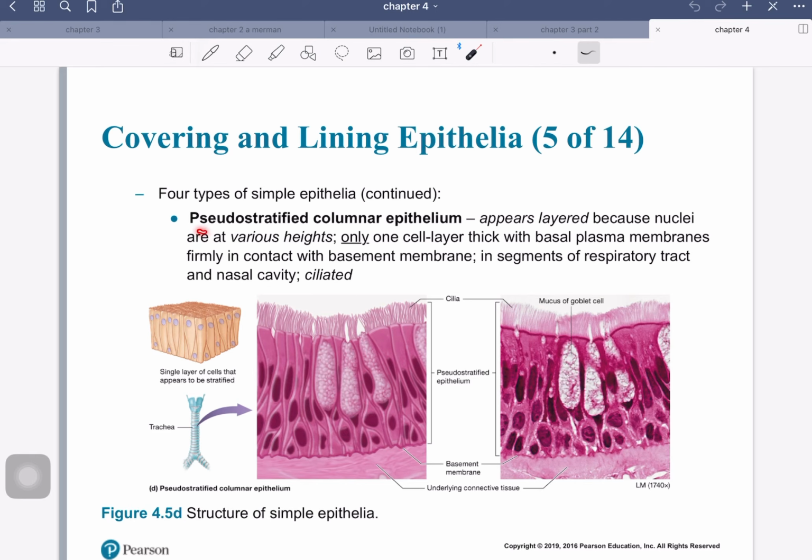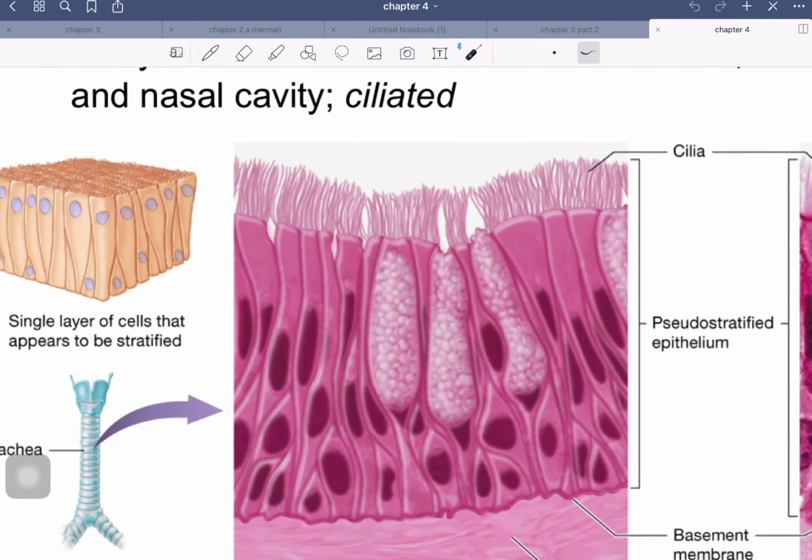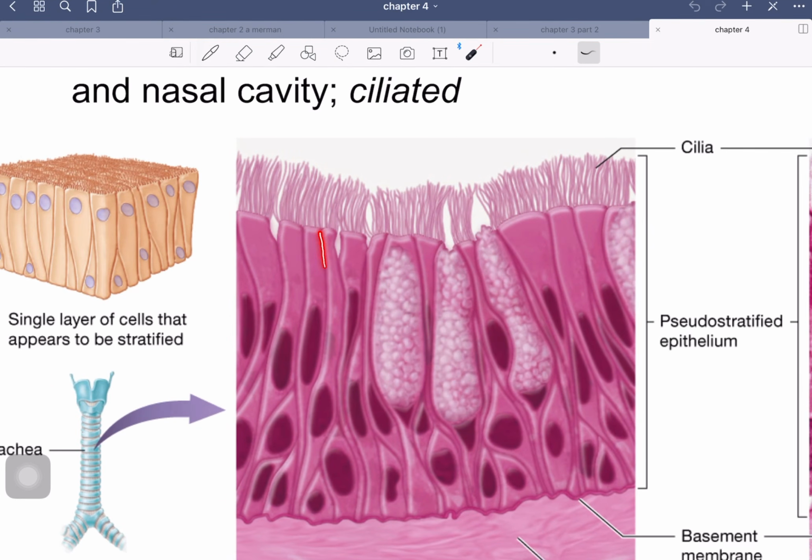This is called pseudo-stratified. Pseudo means basically fake, right? So it looks like it's stratified, but it actually isn't. Now at first when you look at it, you go, oh, well, there's a nuclei there, there, there, there. Oh, these must just be layers of cells. But they're not, because, let me try and zoom in, because if you actually follow the outline of a given cell, this cell does touch the base, right?